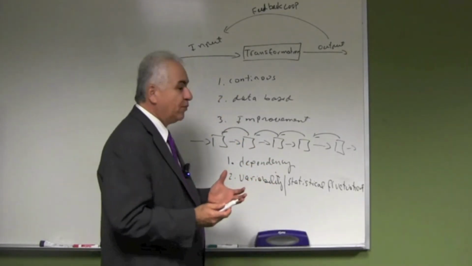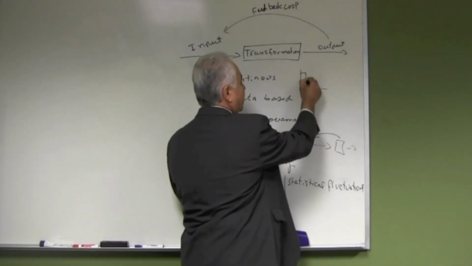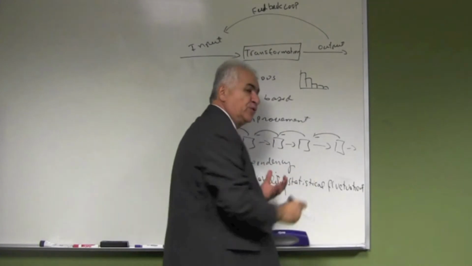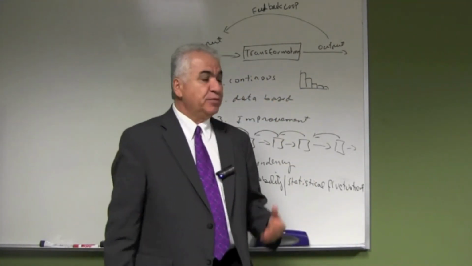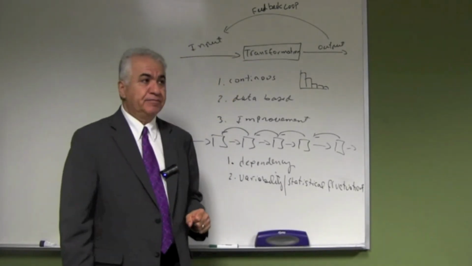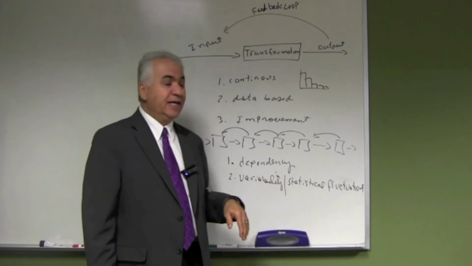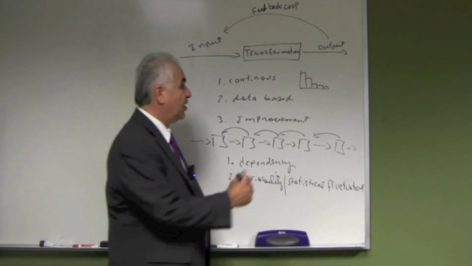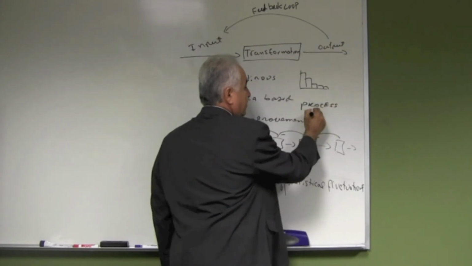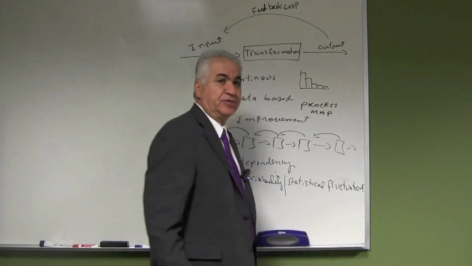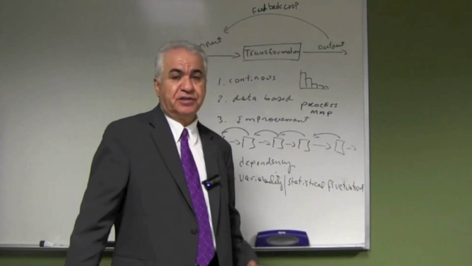For example, a bar chart or a Pareto chart is a visual description of your data. It would be helpful to understand the process if we can describe that process visually, and that's generally referred to as a process map. A process map is a visual or pictorial description of a process.